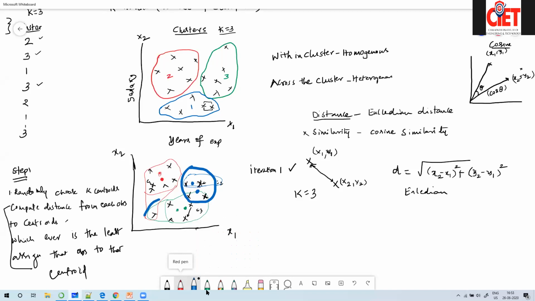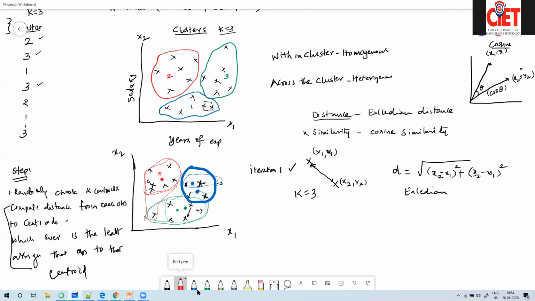These observations are going to fall into the green ones, and these observations would remain in the red ones. And no more observations change from one centroid to another centroid. This algorithm stops.